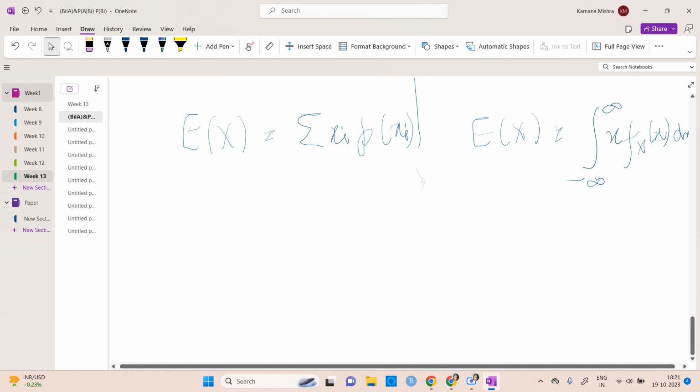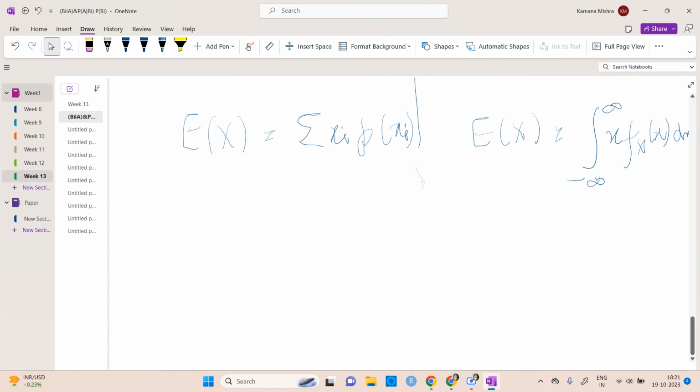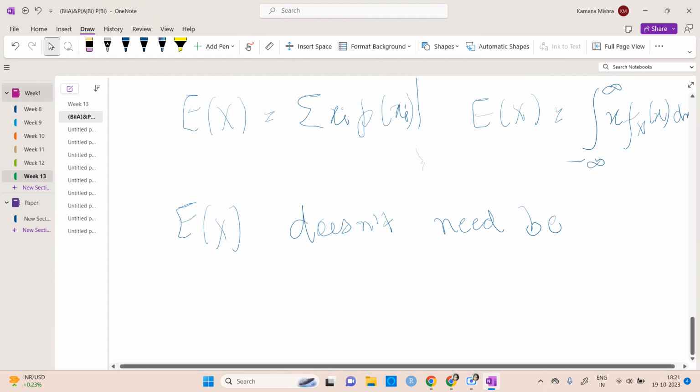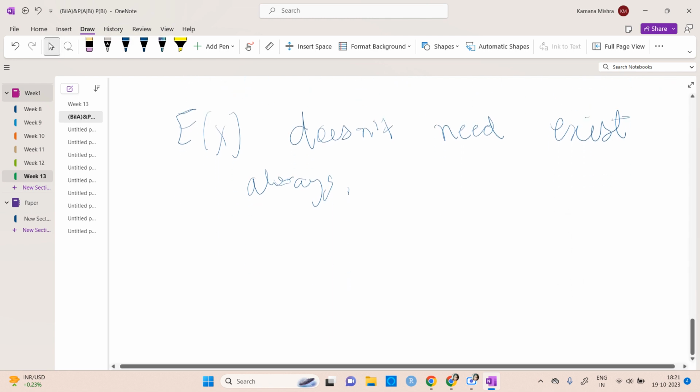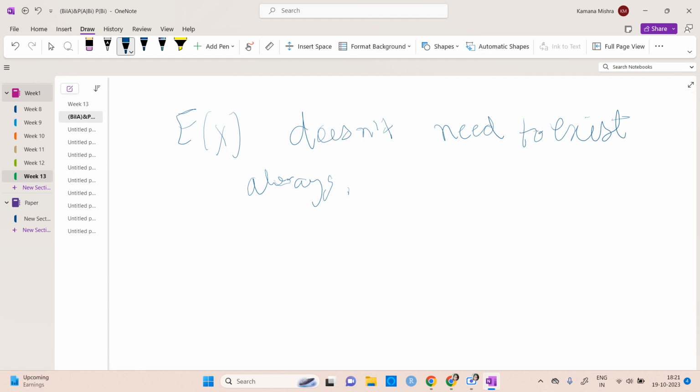Now there is one thing that you need to remember: the expectation of x does not need to exist always. If you have questions like whether it always exists or not, it can exist or it may not exist. But if, let's say, expectation of x square exists, then expectation of x will also exist.